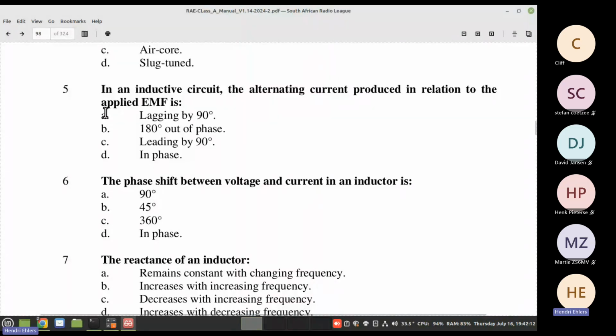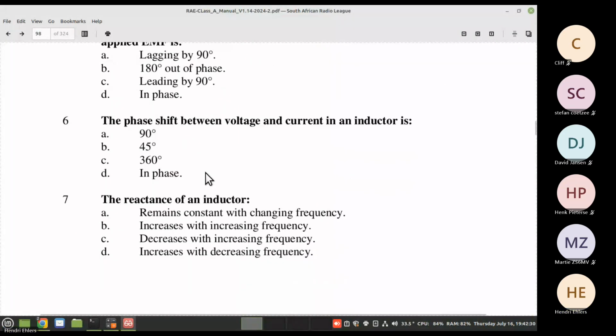That would be A, if I'm correct. I hope so. That's what I put down. Yeah, that is indeed correct. And then the next question. If it lags by 90 degrees, the phase shift would be 90 degrees, yeah.